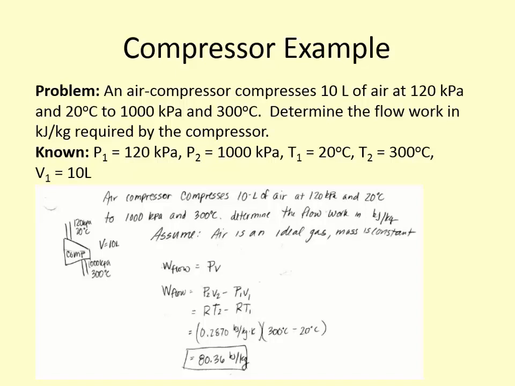I can convert both of these to Kelvin and plug it in, or I can leave it as Celsius because it's a delta T. If I put in 300 Celsius and 20 Celsius, that's going to be the same as if I converted both of those to Kelvin, because the offset cancels out anyway. So our flow work is equal to 80.36 kilojoules per kilogram.